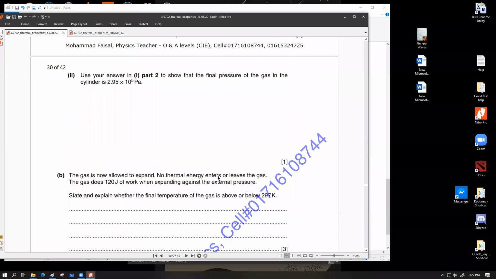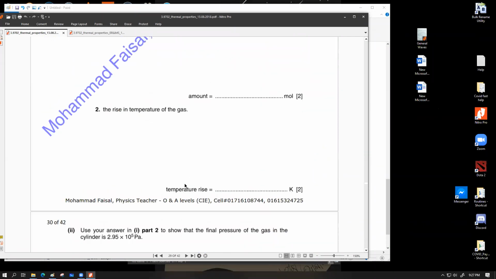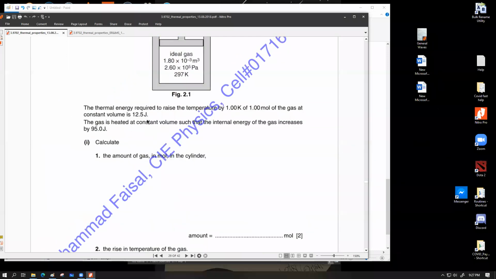This question is telling us that in the entire process of the expansion, the gas was doing 25 joule of work onto the atmosphere. The question is already telling us that. Here we saw that the heat supplied to the system was how much? 95 joule, right?